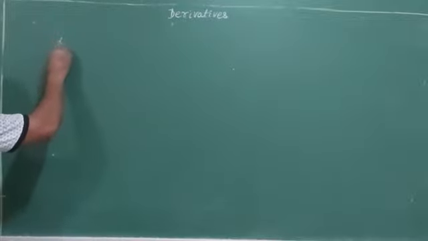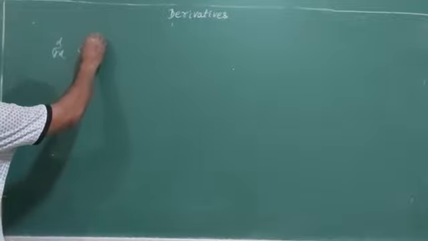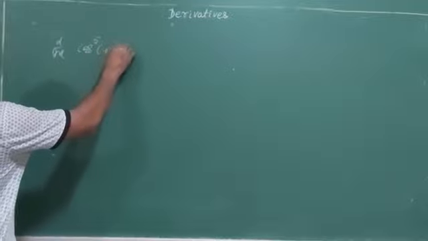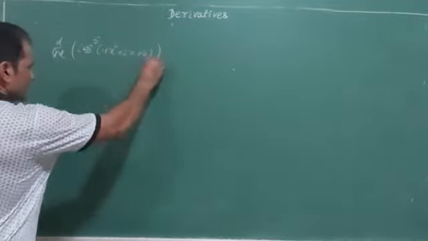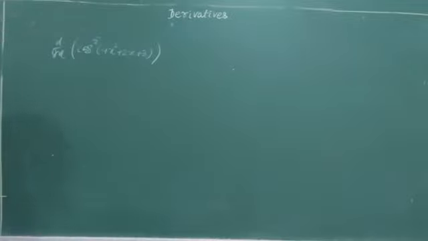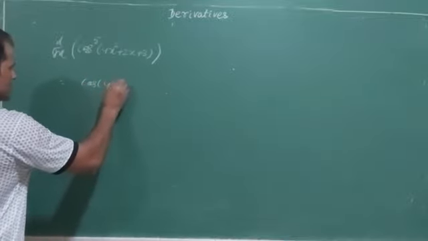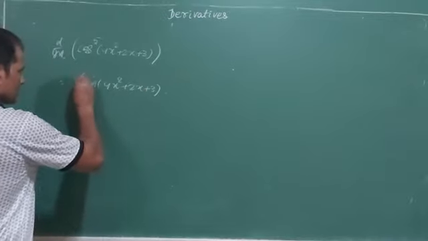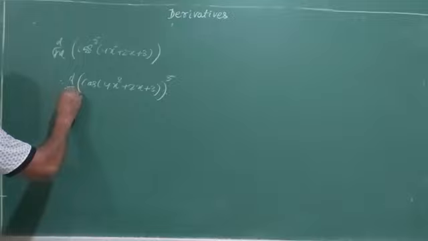dy dx of cos to the power 5 over x square plus 2x plus 3. Alright? So what I do here? I'll write down like this: cos 4x square plus 2x plus 3 whole to the power 5 divided dx.